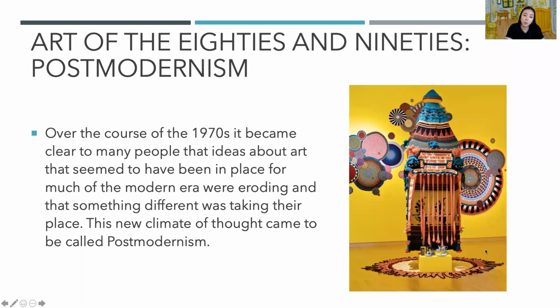So over the course of the 1970s, it became clear to many people that ideas about art that seemed to have been in place for much of the modern era were eroding and that something different was taking their place. This new climate of thought came to be called postmodernism.